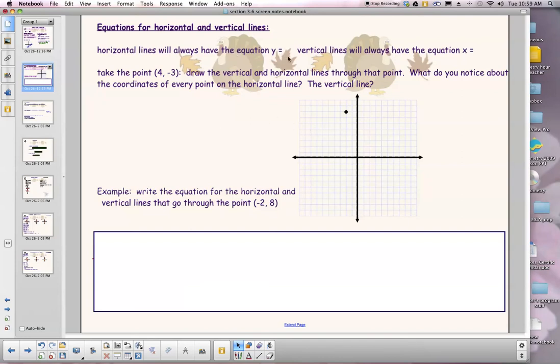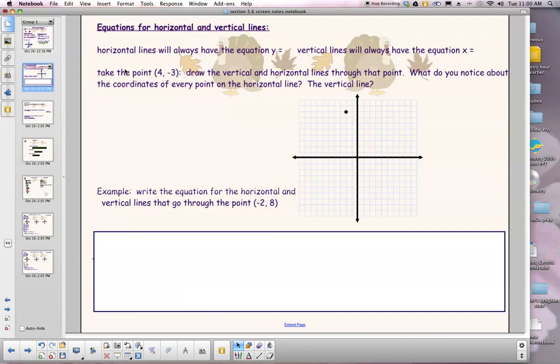Horizontal lines will always be in the form of y equals, and then wherever it crosses the y-axis, that's the number that goes here. Vertical lines always have the equation x equals, and that's because they cross the x-axis. And on the other side of the equal sign, you would simply put the x-intercept where they cross the x-axis.